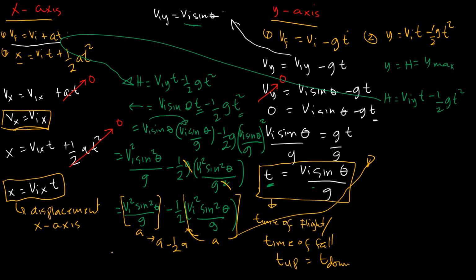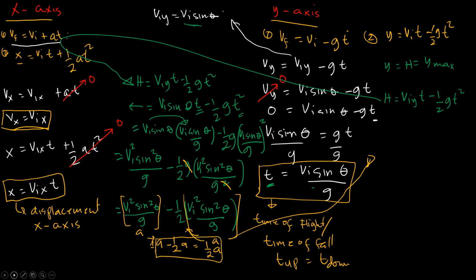So this is a minus 1/2. We have a coefficient here of 1, so this will give us positive 1/2 a. That means if we subtract this one, v sub i squared sine squared theta divided by g minus 1/2 times v sub i squared sine squared theta divided by g, will give us positive 1/2 v sine squared theta over g, as what we have explained in this section here.